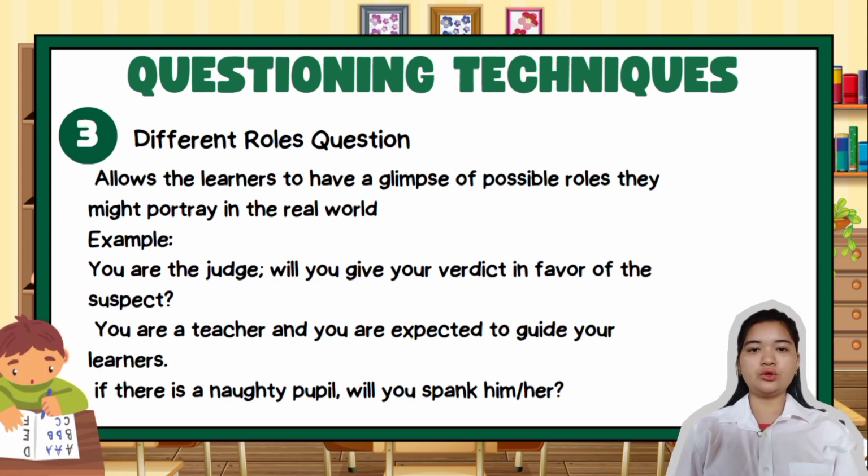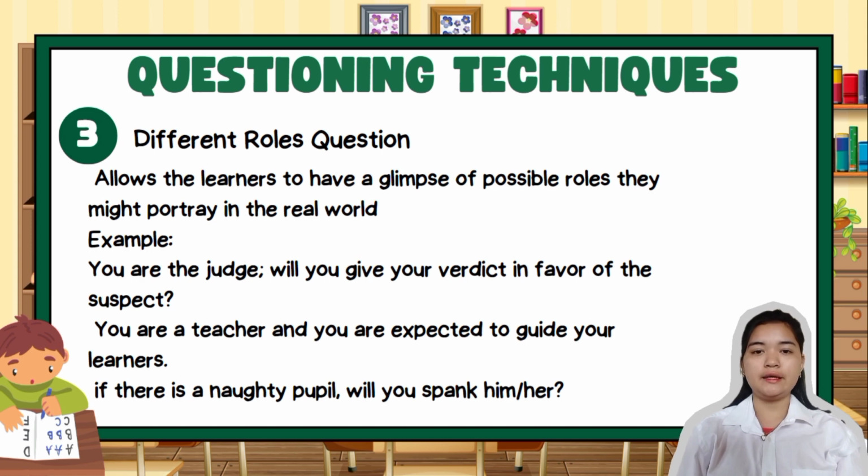Third po is different role question. Allows the learners to have a glimpse of possible roles they might portray in the real world. So dito, binibigyan po ng chance yung mga learners to evaluate themselves o i-test yung kanilang mga sarili. Example is yung judge ka, bibigyan mo ba ng hatol pabor sa suspect? O yung best example dito is kunwari, teacher ka, tapos trabaho mong i-guide at turuan ang mga students, di ba?